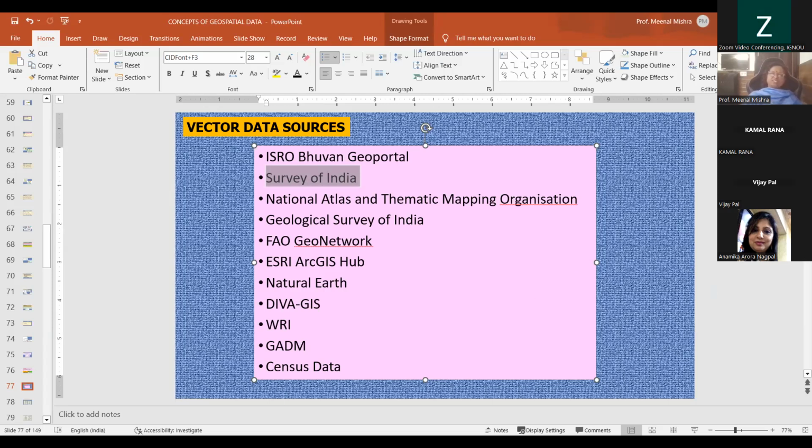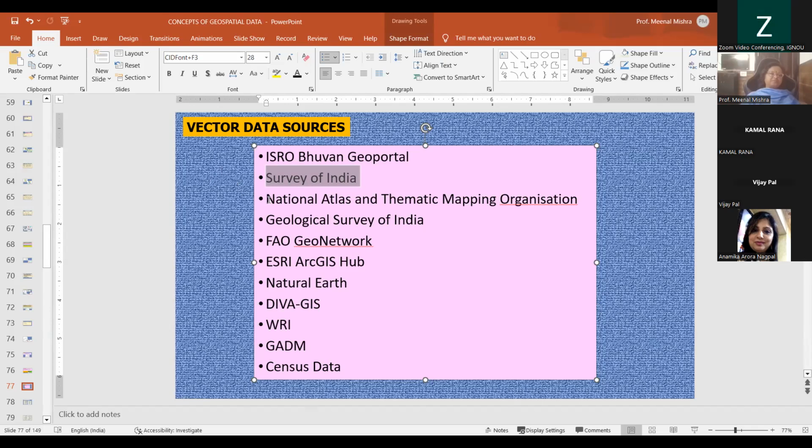You can access digital vector data of administrative boundary databases like district, taluka, and village levels. You can use this data for geodetic and geophysical surveys to study seismicity, and for glaciology programs and many other things at different scales.